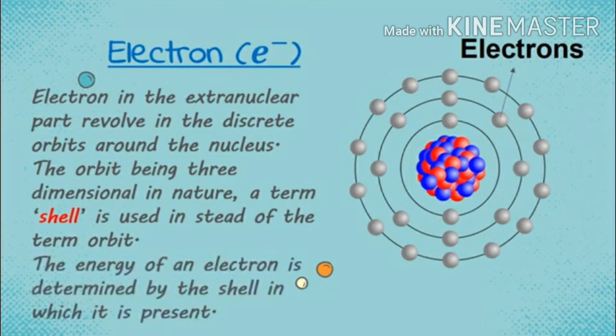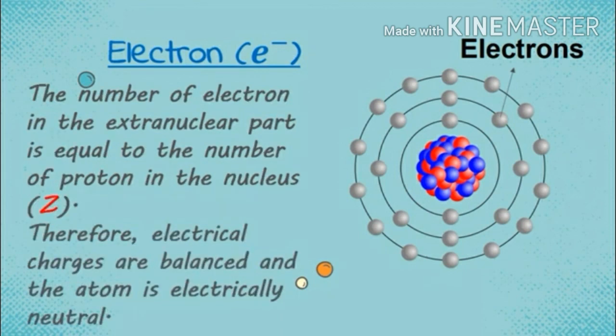The energy of an electron is determined by the shell in which it is present. The number of electrons in the extranuclear part is equal to the number of protons in the nucleus. Therefore, electrical charges are balanced and the atom is electrically neutral.